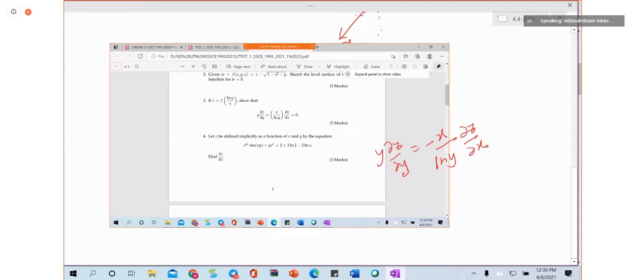So they give you z equals f of ln y over x.